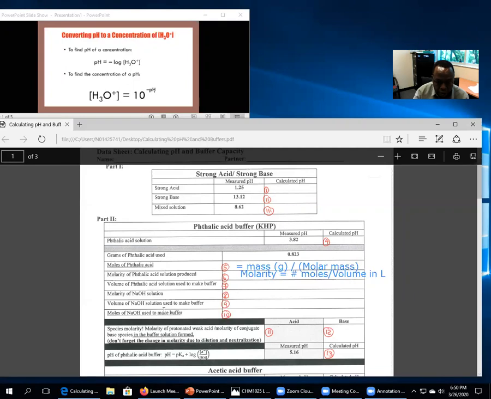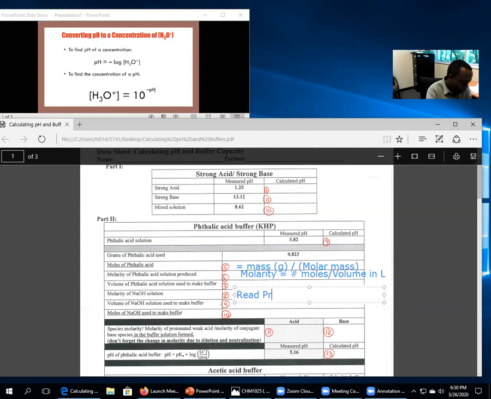Line 8. Now, volume of NaOH used to make the buffer solution is in the same paragraph. It is given in there. So for lines 8 and 9, look at the data sheet or read the procedure. This is from the procedure.